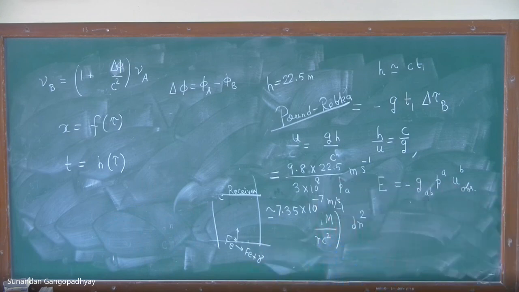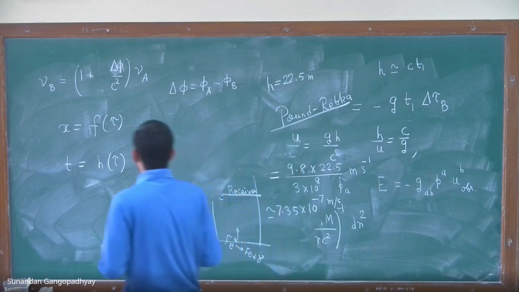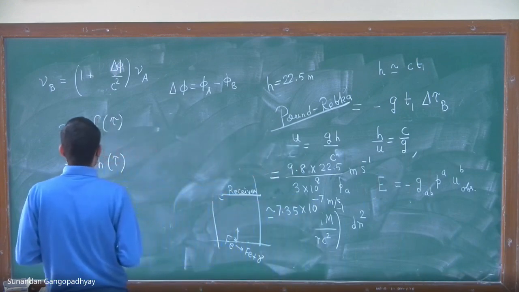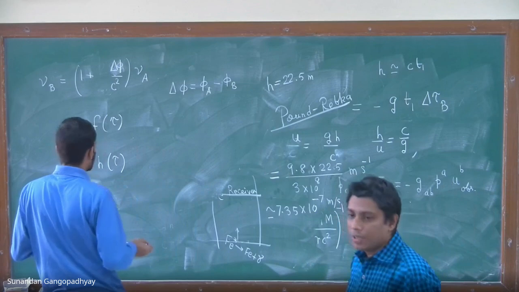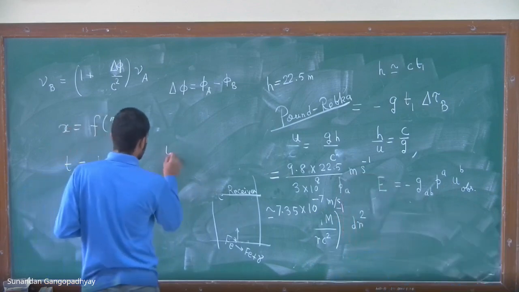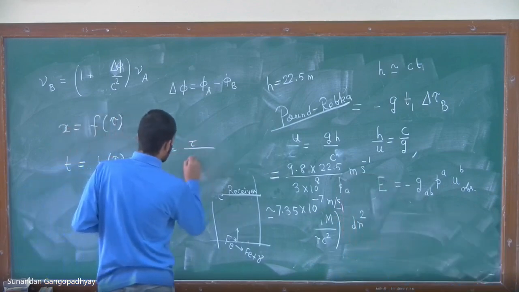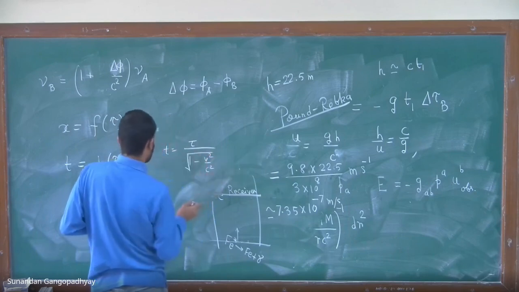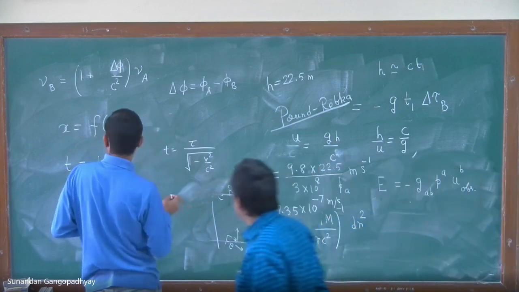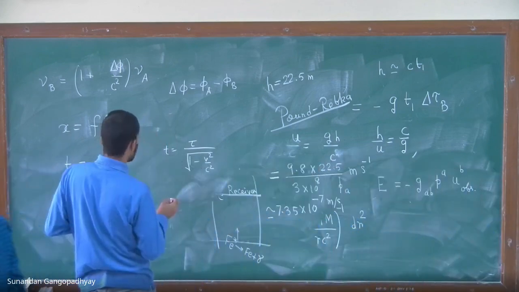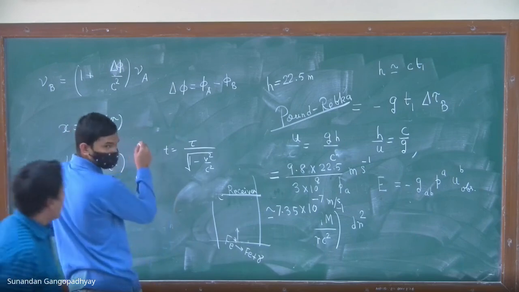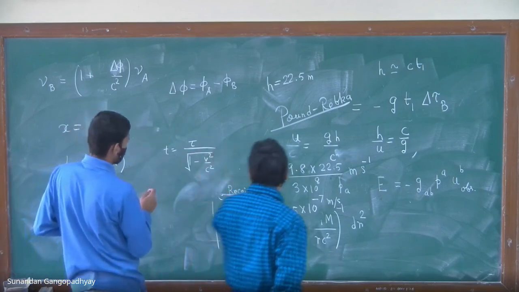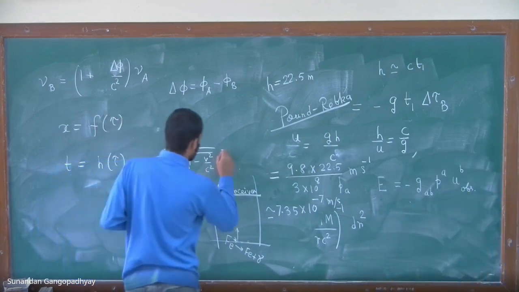Write it down, you can say it. You want to write? So write f tau, whatever is convenient. That is also called gamma tau. Write it as gamma tau.